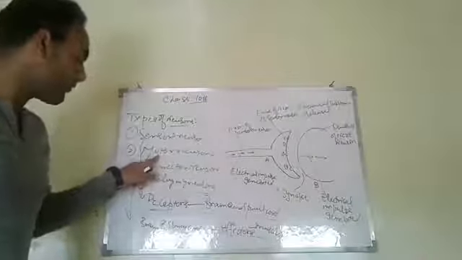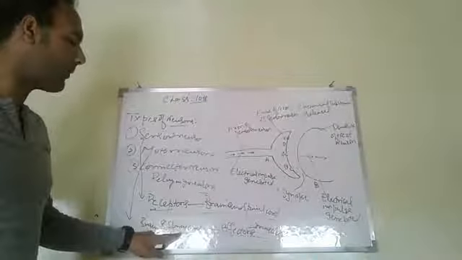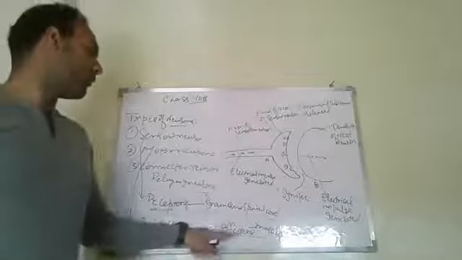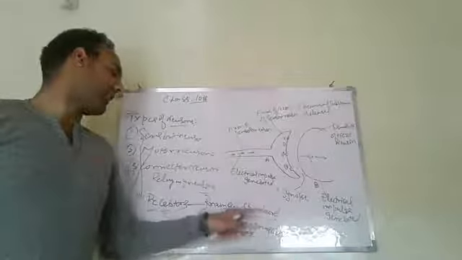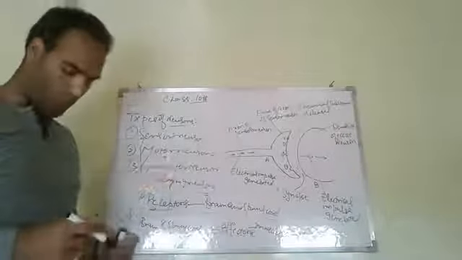Those neurons which transmit impulses from the central nervous system to the effectors, muscles and glands, are called motor neurons.